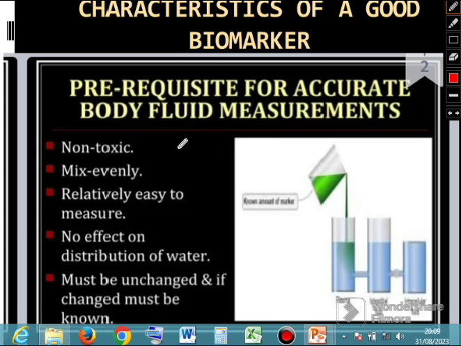Because actually you are going to be injecting this biomarker into the fluid compartment of your patients or your subjects. So you need to do a proper screening or check that this biomarker will not harm or kill your patients.